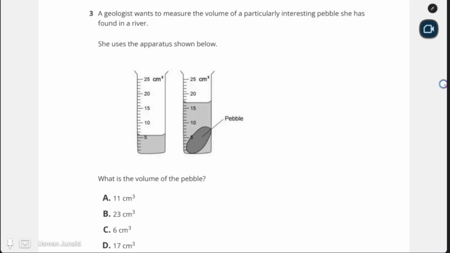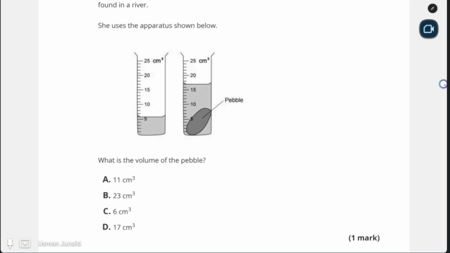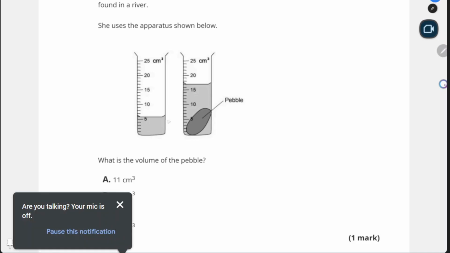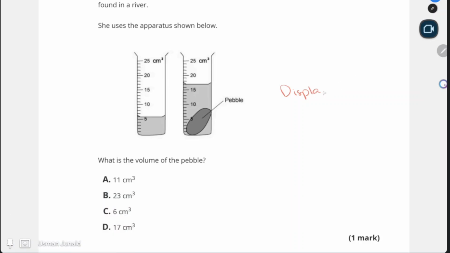I do, I think, because when you put the pebble in, I do understand. So what's happening is you're basically displacing this water by entering this pebble inside, right?